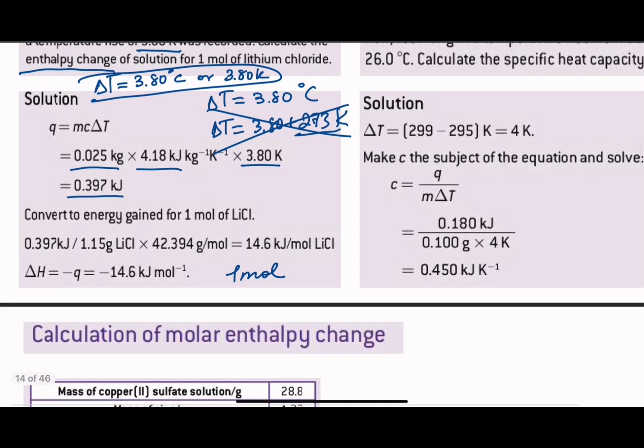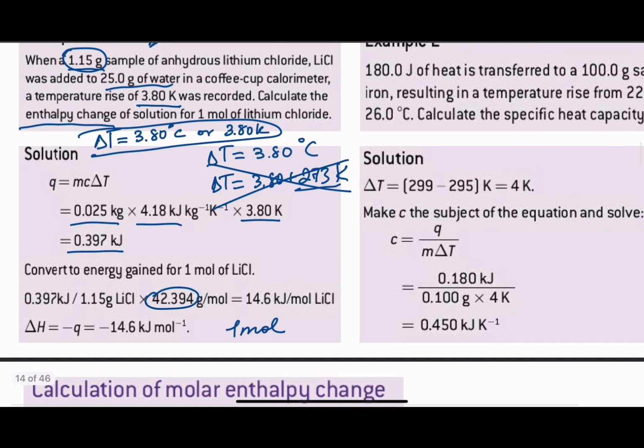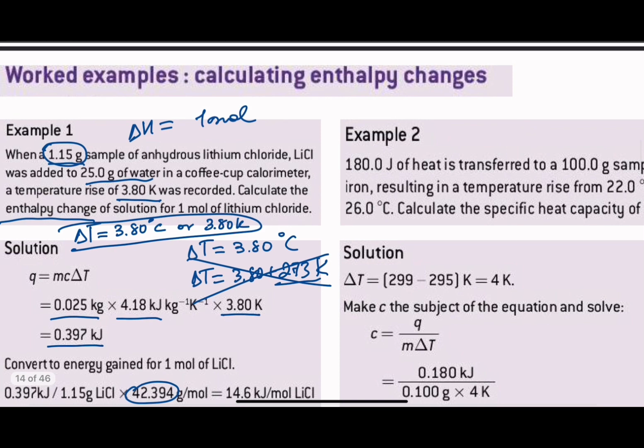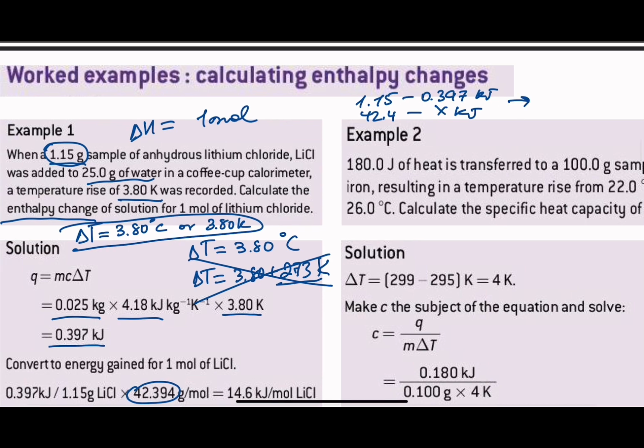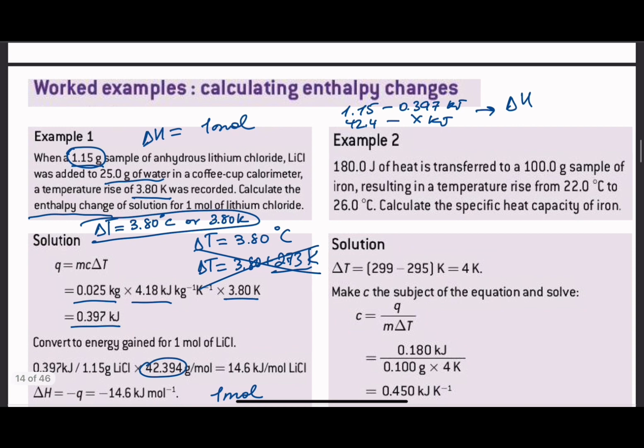It is 42.4. So you found here that 1.15 gram gives 0.397 kilojoule, and you know that 42.4 gram will give X kilojoule. You do your cross multiplication and get your answer for delta H for 1 mole.